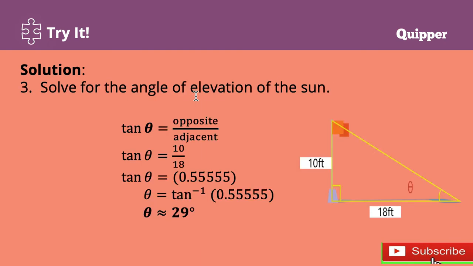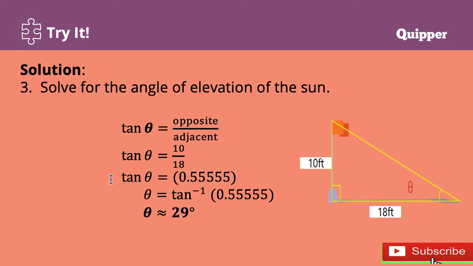Third, solve for the angle of elevation of the sun using the formula tangent theta is equal to opposite over adjacent. We don't know yet the angle, so we let it be theta. Tangent theta is equal to the opposite side, 10 feet, over the adjacent side, 18 feet. So we have 10 over 18, and 10 divided by 18 is equal to 0.5555.